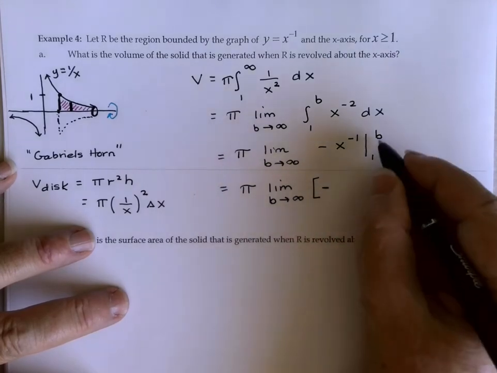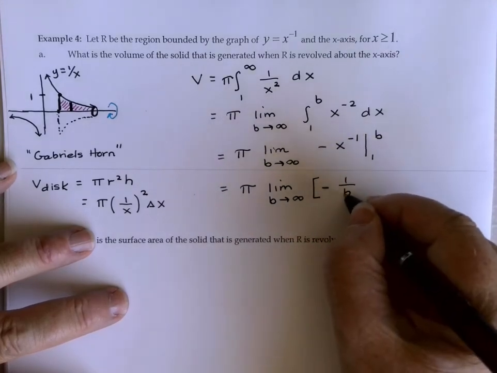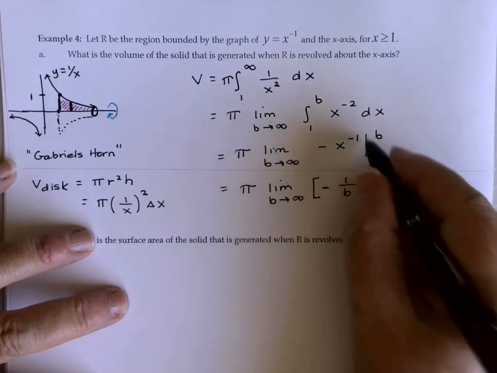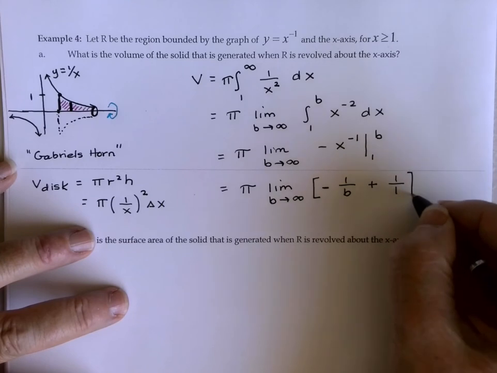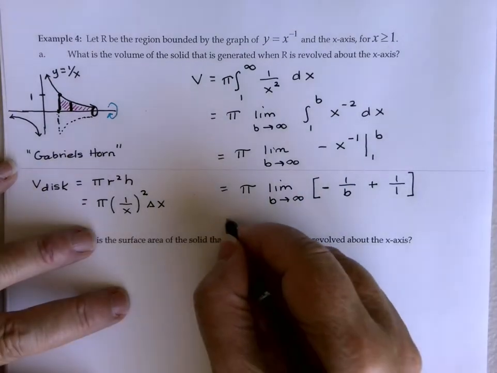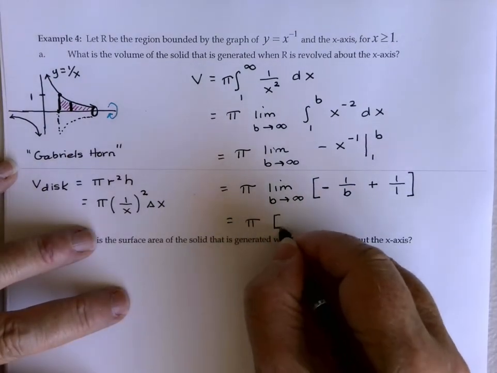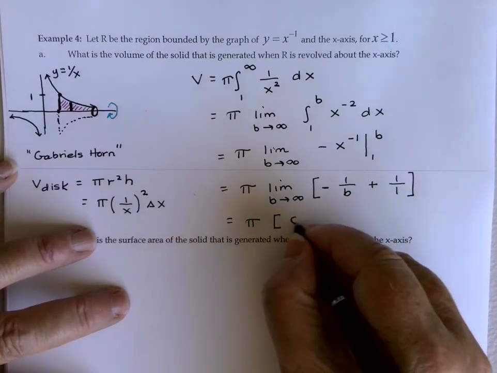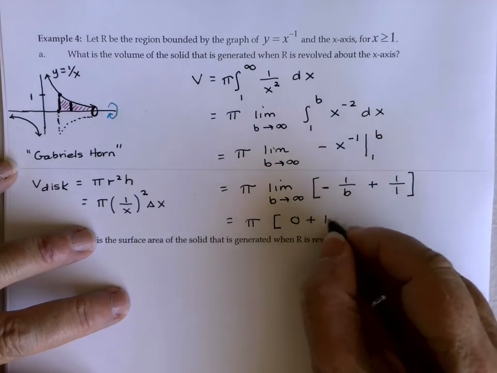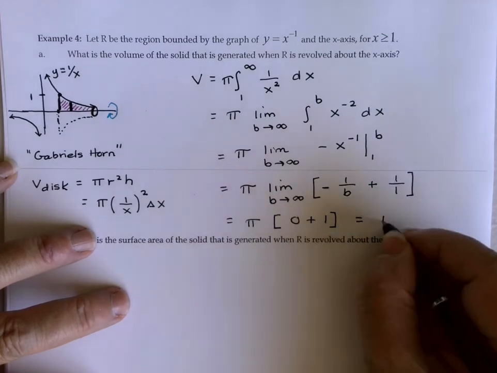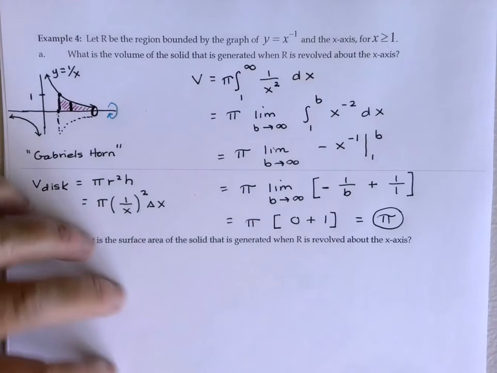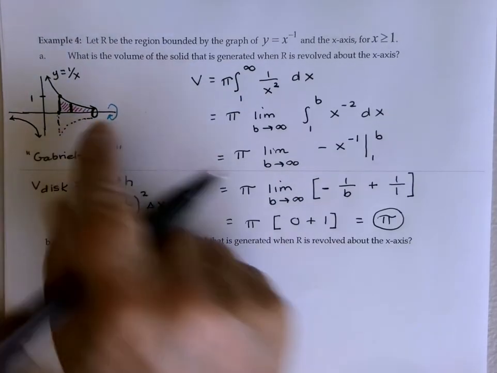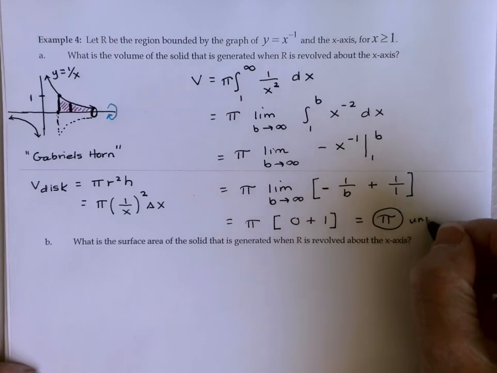So I'd have negative b to the minus 1, or 1 over b, minus a negative is plus 1 to the negative 1, or 1 over 1. As b goes to infinity, 1 over infinity becomes 0, plus 1, and pi times 1 is pi. So the volume of that solid, that Gabriel's horn, is pi cubic units, whatever they happen to be.